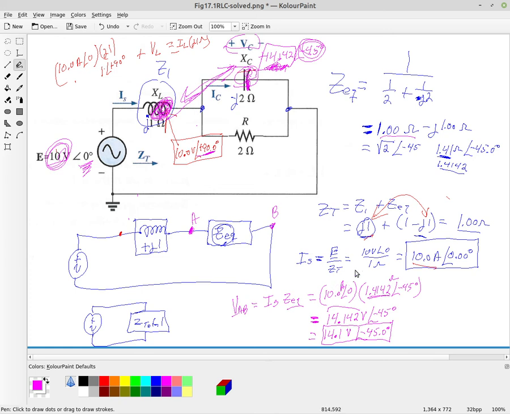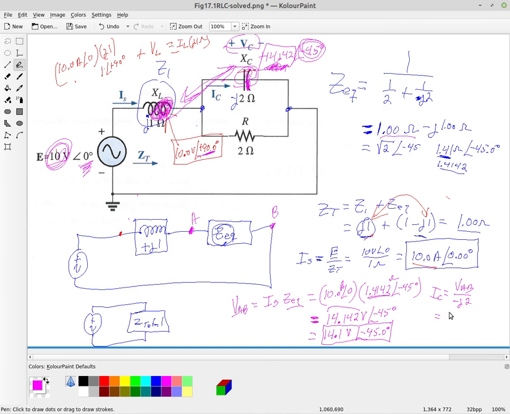All right, so we can go ahead and calculate the current through the capacitor now. The current through the capacitor would be the voltage VAB divided by the reactance, which is minus j2.